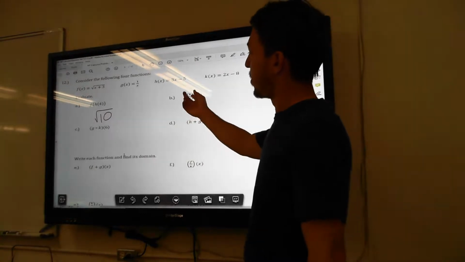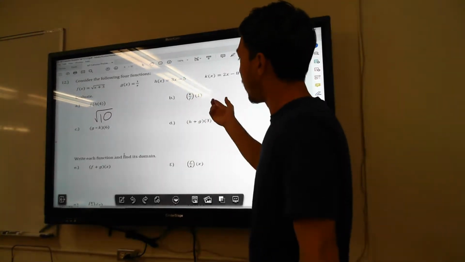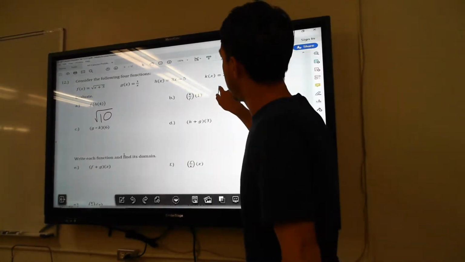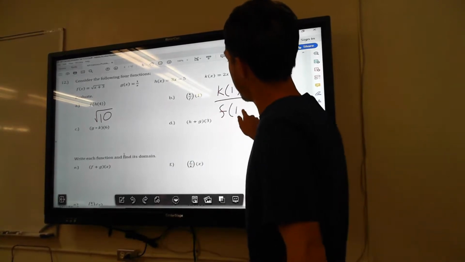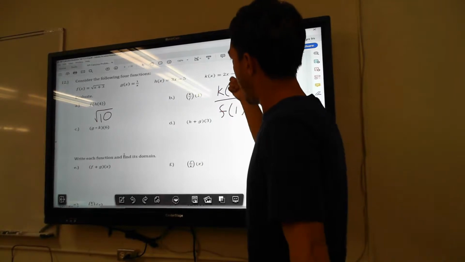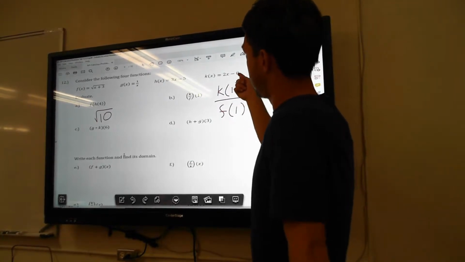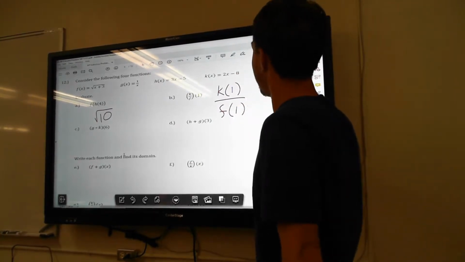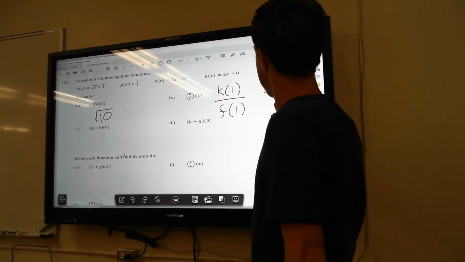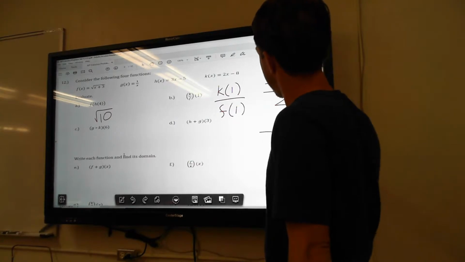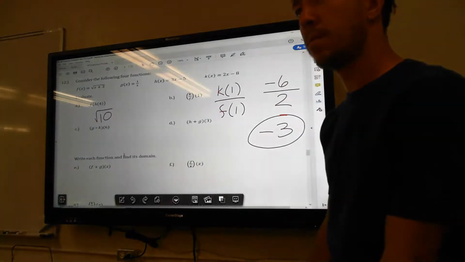Now, k over f of 1 is just a different way of writing k of 1 over f of 1. So what do you do? You plug 1 into k, which gives -6, and you plug 1 into f. So the answer is -3. Makes sense?